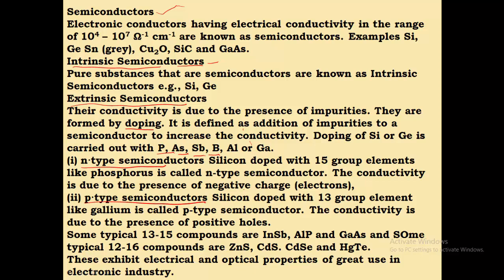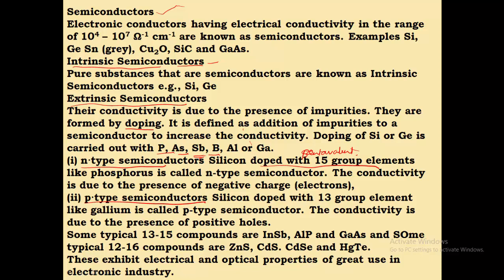N-type semiconductors are formed when silicon is doped with group 15 elements. That is, they must be pentavalent, meaning they must have 5 valence electrons. Then we will get N-type semiconductors, and the conductivity is due to negative charge, or you can say electrons.